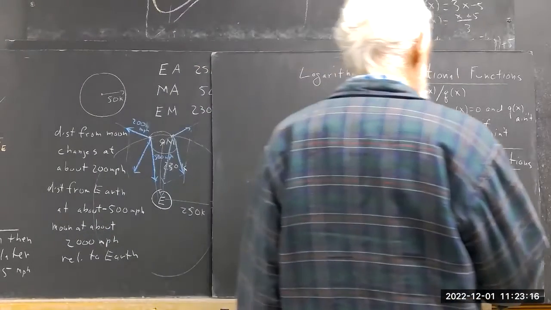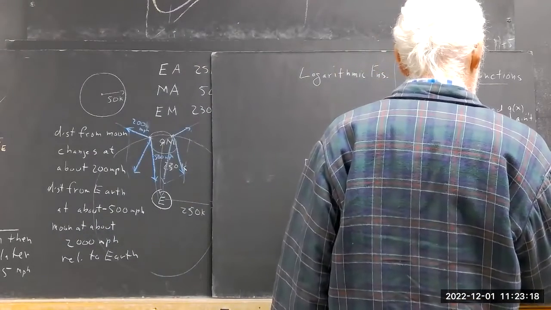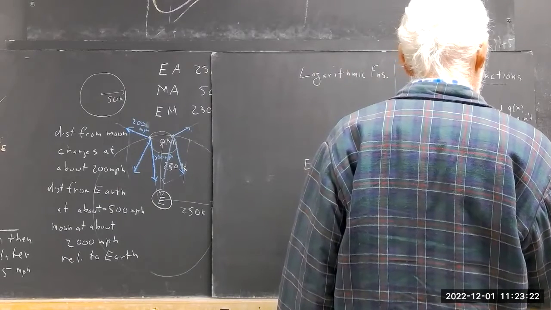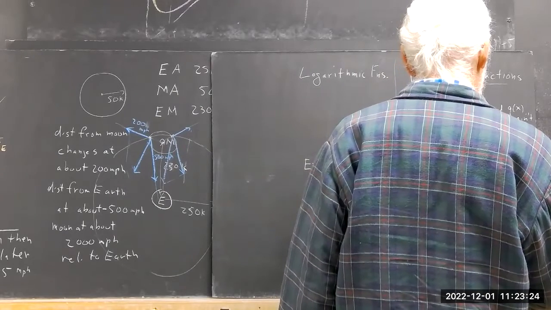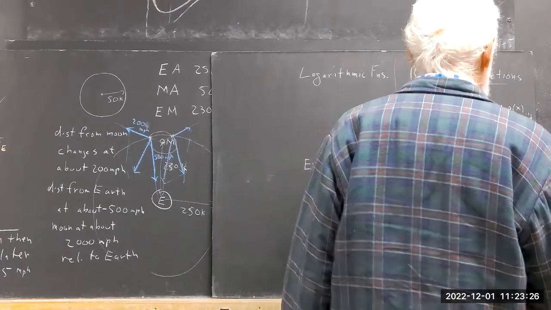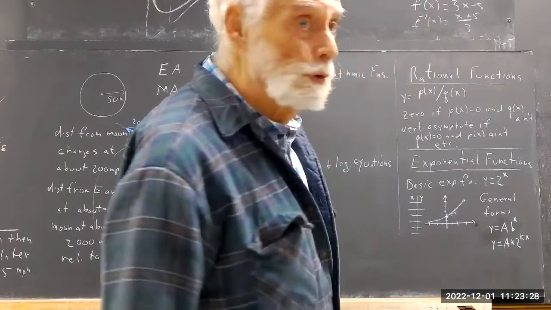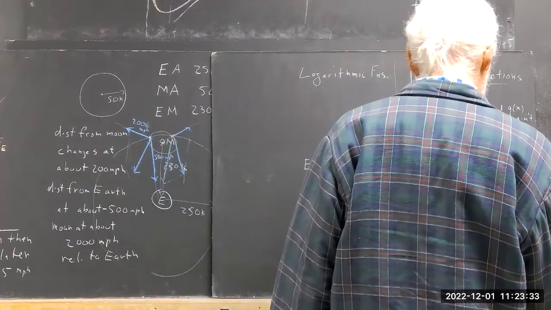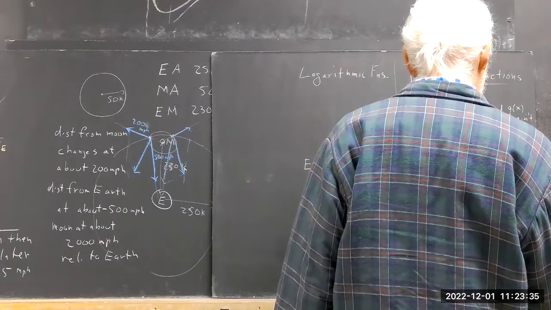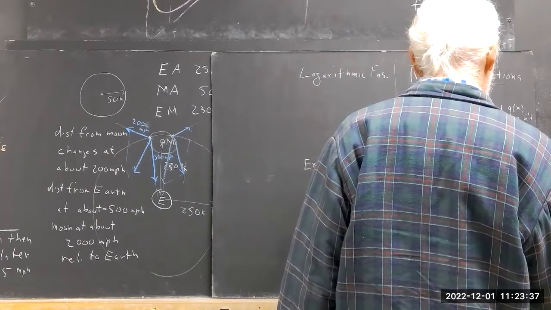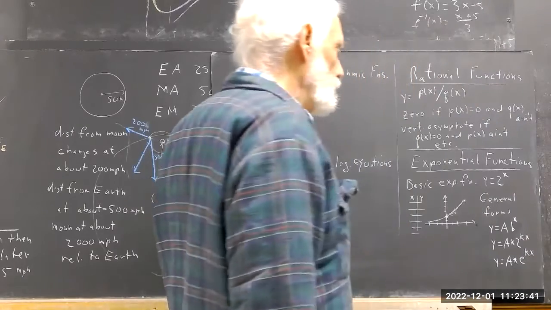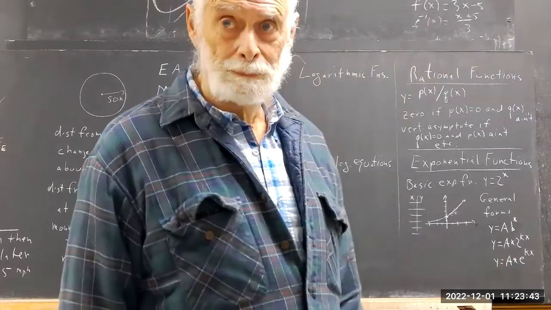Or y equals a times 2 to the kx. Or y equals a times e to the kx.